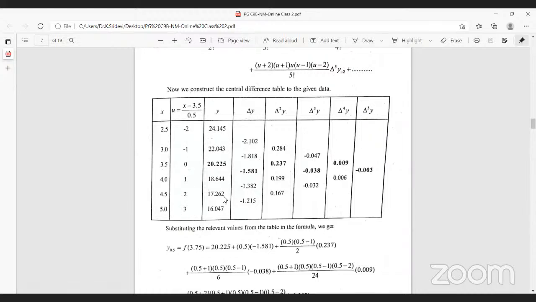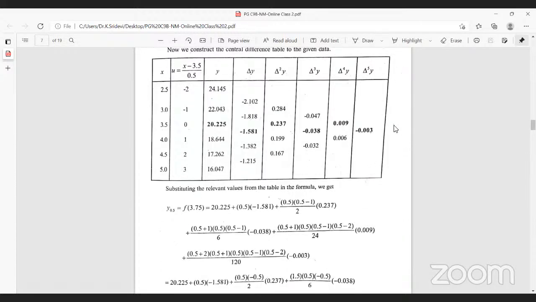So in the third column, we are taking the y values. Now, according to these x, y values, we can find the forward differences: first order forward differences, second order, third order, fourth order, and finally fifth order differences. It is not possible to get another order.